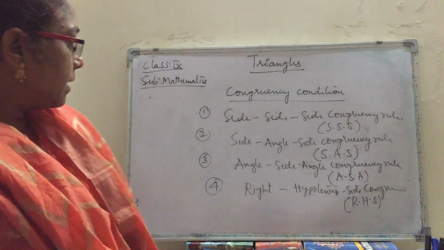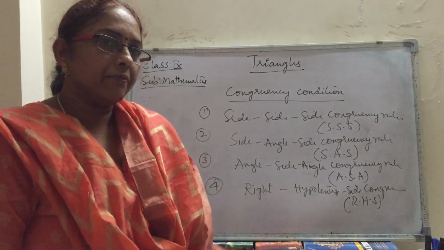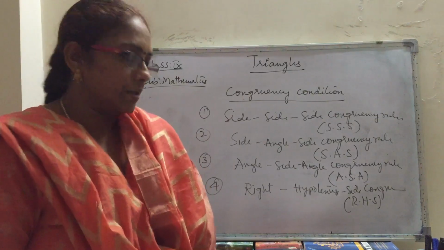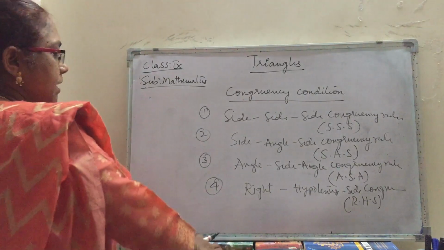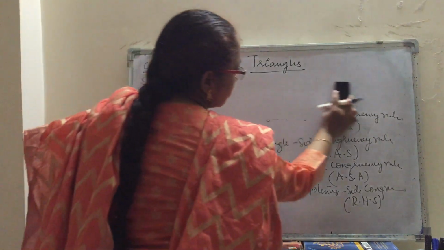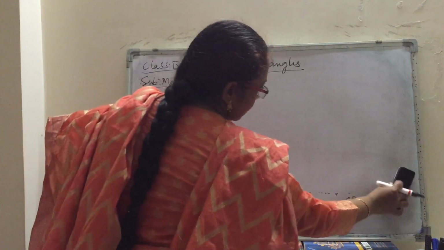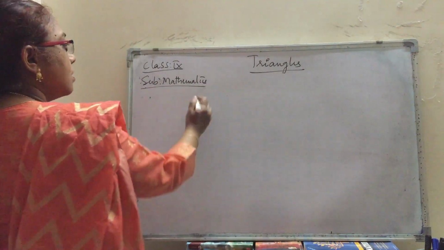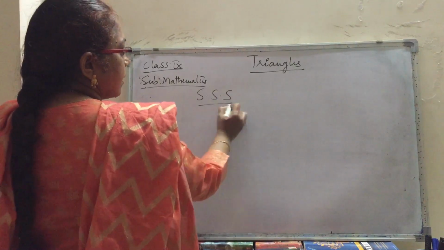By taking any one of the rules, we can show the triangles are congruent. So first we will see what the SSS congruency rule is.